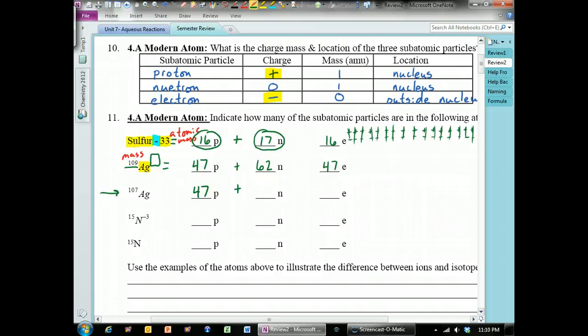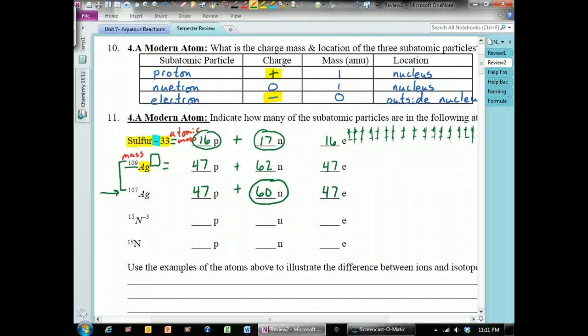That tells us that we have a different number of neutrons. So these two are examples of an isotope, meaning there's the same atom, the same element, but a different number of neutrons. There are 2 less neutrons, so there's 60 neutrons. Now, electrons: since this is neutral, it has the same number of electrons as protons, which is 47.